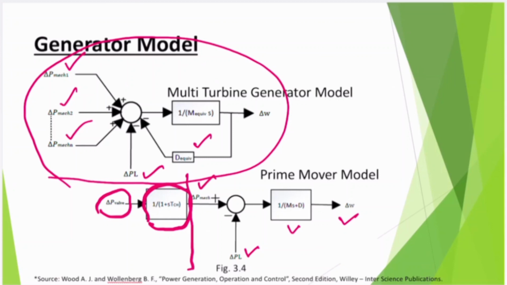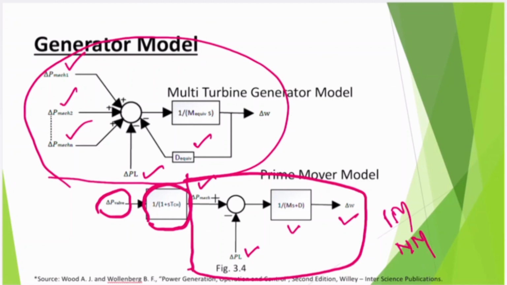This section is exactly similar to what you have already discussed. So this could be either a single machine or an n machine system, but the structure of the block diagram of the generator remains the same, except a few variables that need to be replaced from time to time.